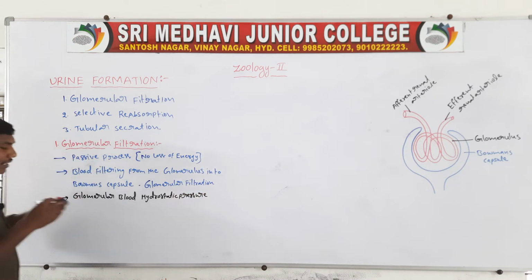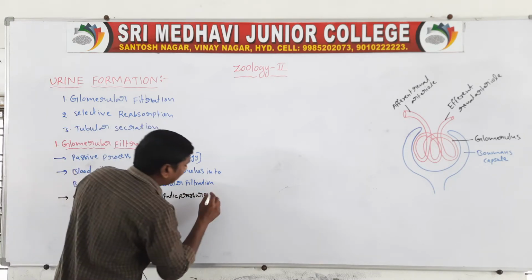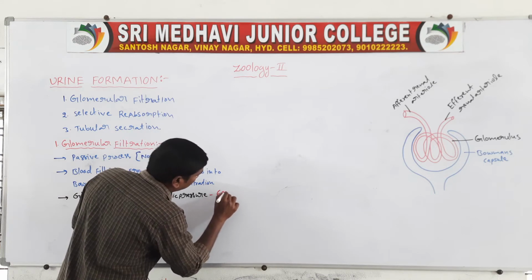Glomerular blood hydrostatic pressure is 60 mmHg.